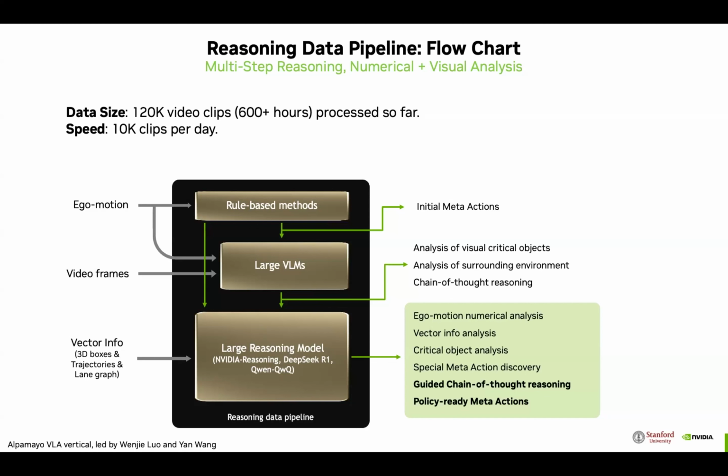In the first stage, we use rule-based methods to generate initial meta actions. Next, we bring in large vision language models such as VILA or EAGLE from NVIDIA. So these models analyze visual frames to identify critical objects and understand the scene dynamics. And then we pass all of these into a large reasoning model, so for example, DeepSeek R1 or NVIDIA reasoning, which leverage visual, vector, and ego-motion context to produce a chain of thought trace.